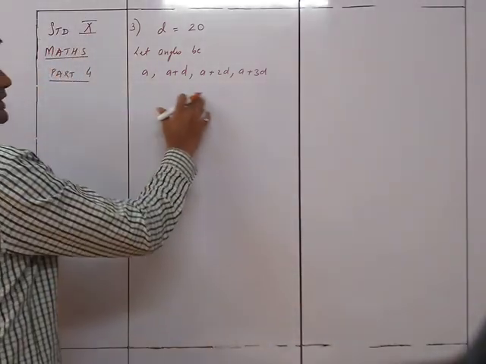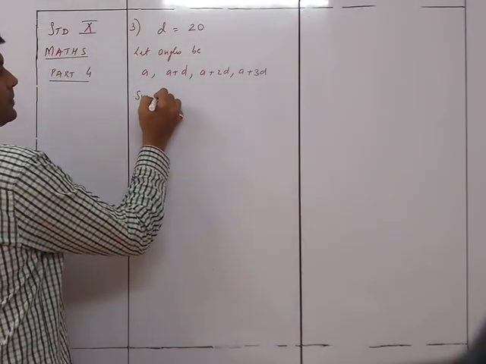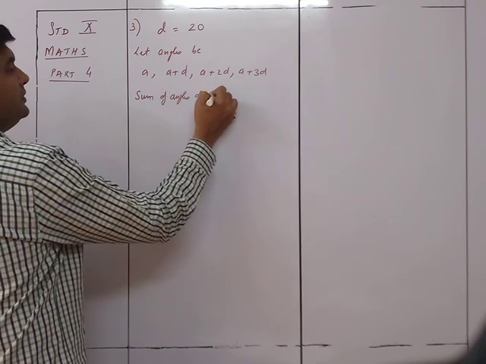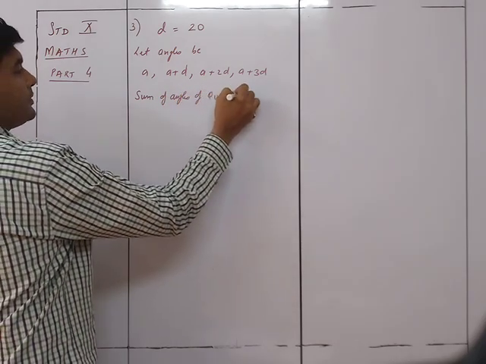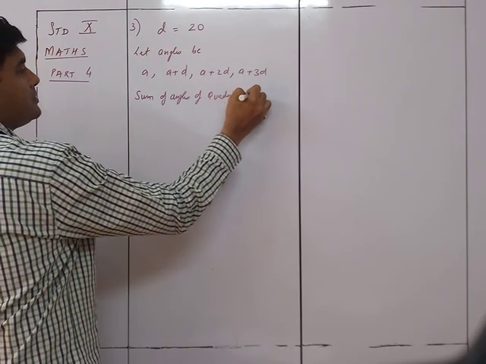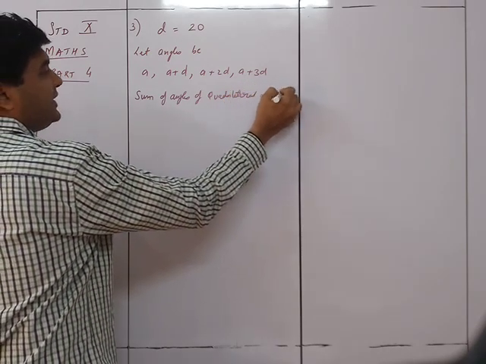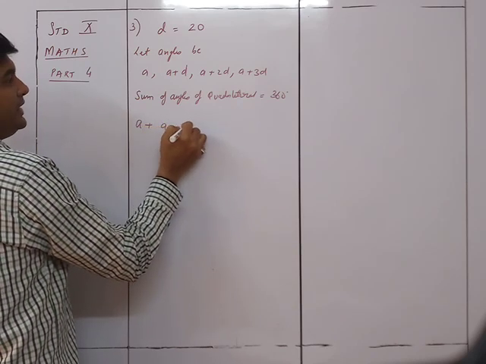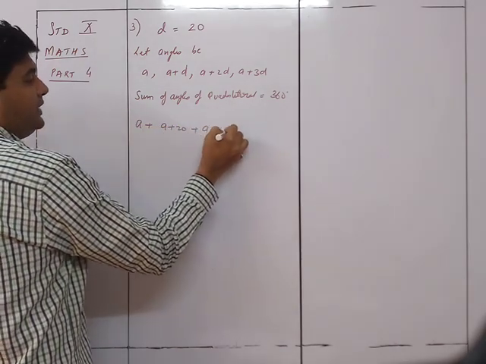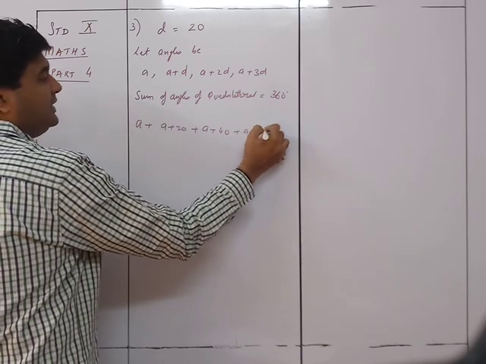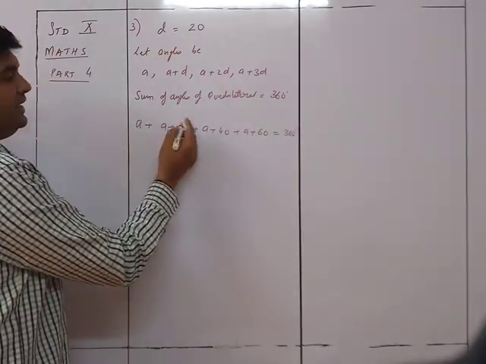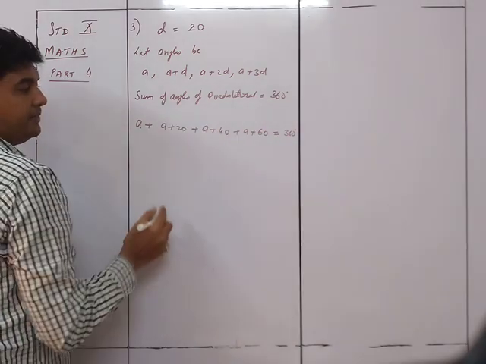Here I know that the sum of angles of a quadrilateral is equal to 360 degrees. Therefore, A plus 20 plus A plus 40 plus A plus 60 is equal to 360, because this is D, this is 2D, this is 3D.